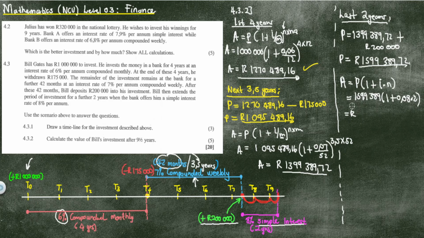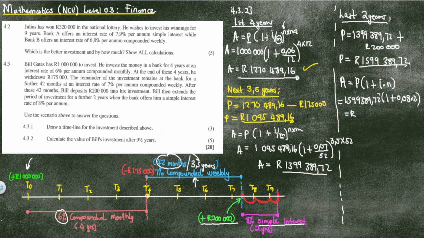So it's equal to 1,599,389.72, open bracket, 1 plus 0.08 multiplied by 2, close bracket.